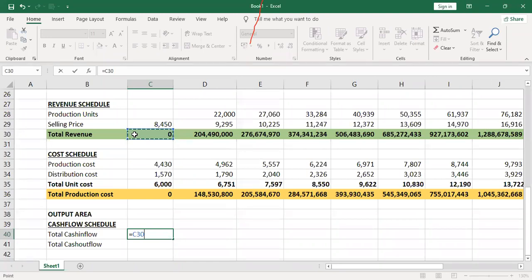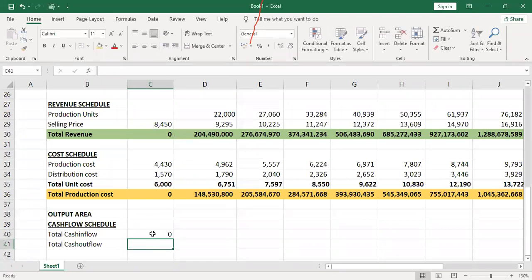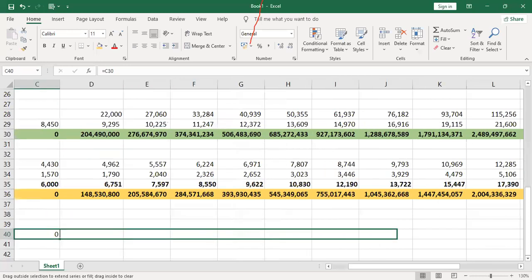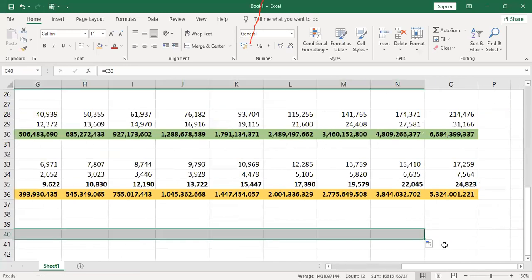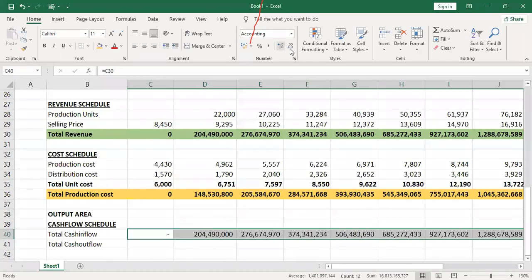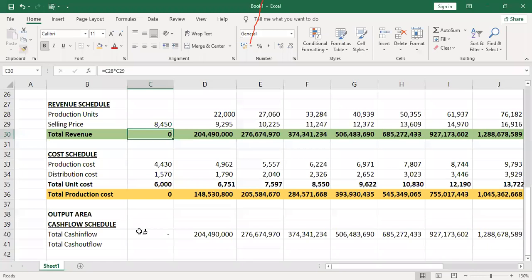Then press Enter, click on the value, press the cursor on the autofill icon, and then drag up to year 11. In simple terms, you are picking these values from the computation area to the output area. Why are we dragging up to year 11 and not year 12?